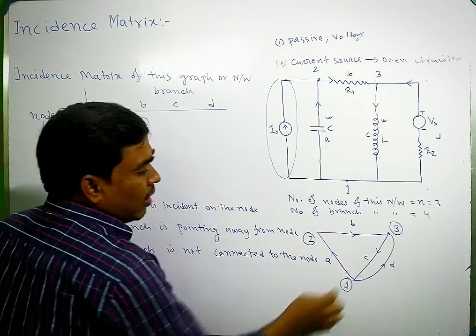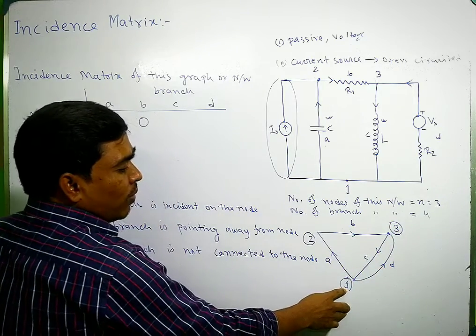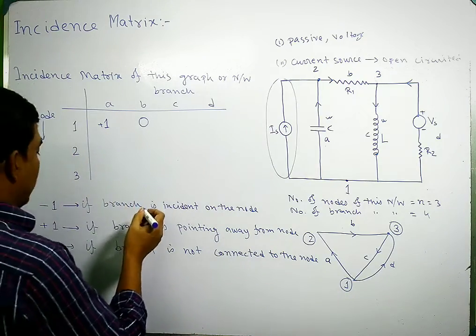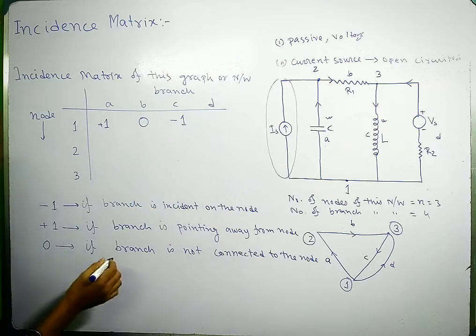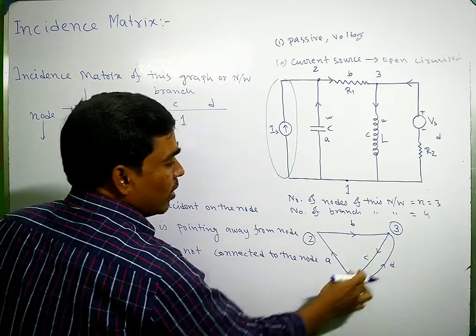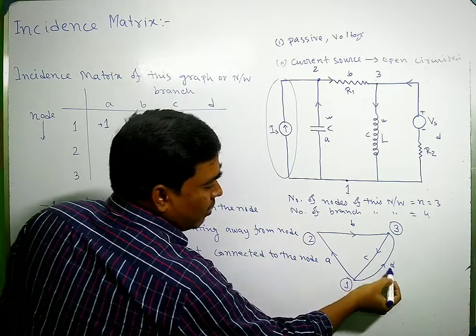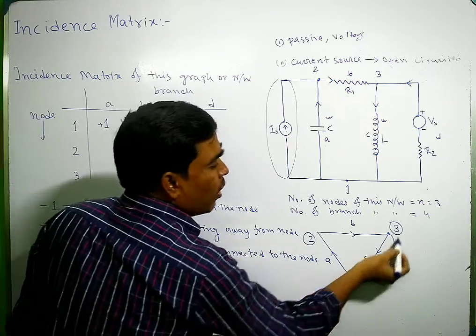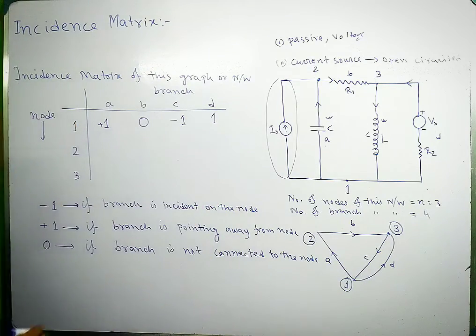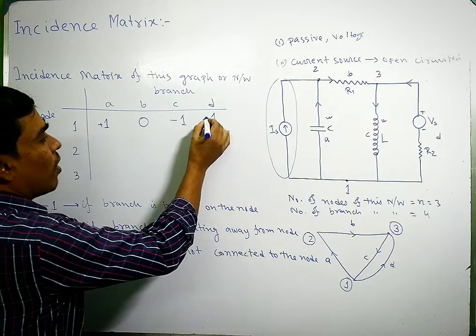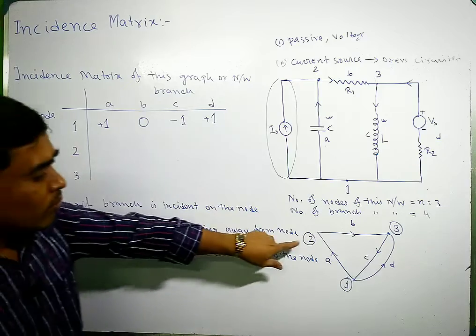Now C. See, this branch is pointing into this node 1. So in this case it will be minus 1, because this branch is incident on this node. But this D branch is pointing away from this node 1. So it will be plus 1. Okay. Now node number 2. This is node 2.